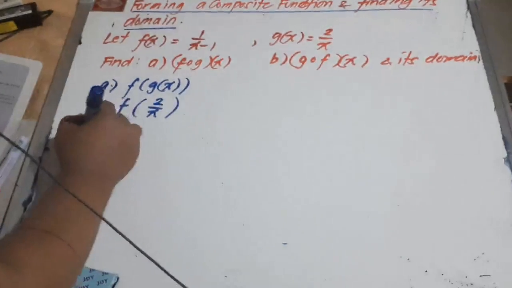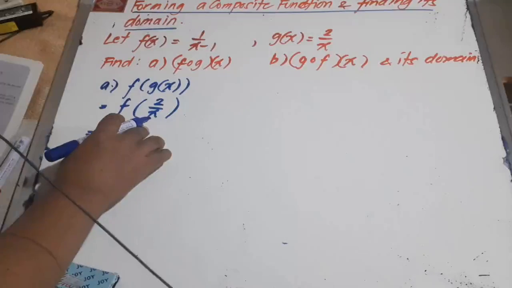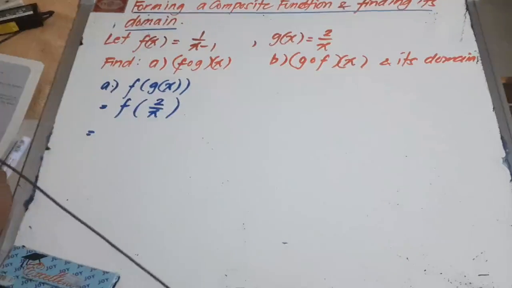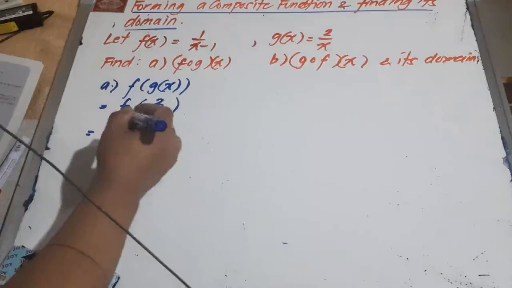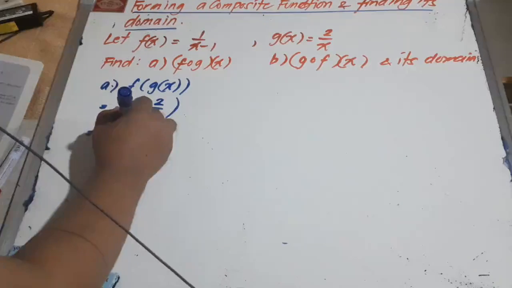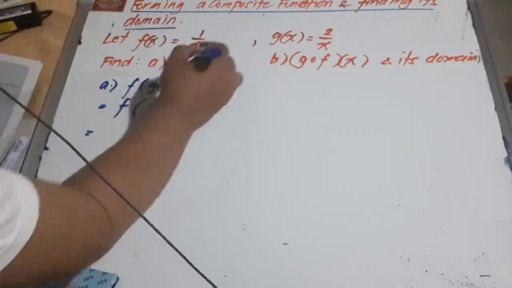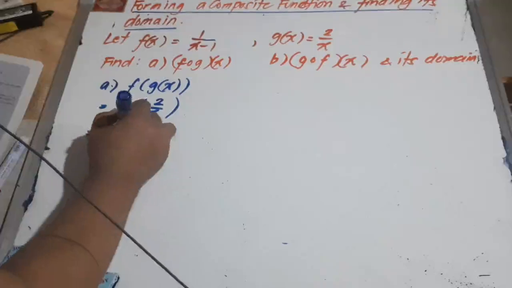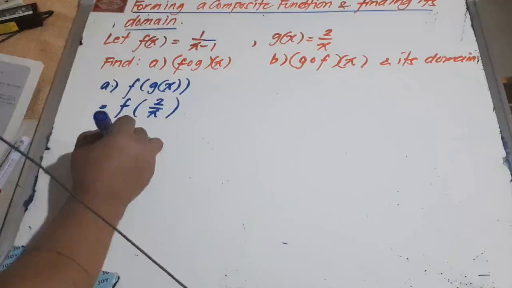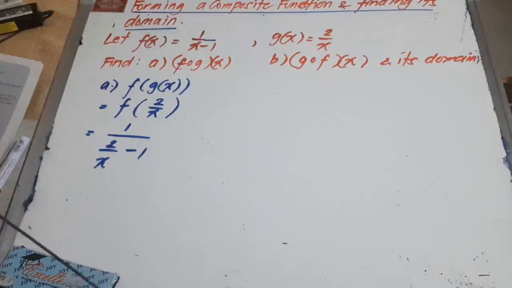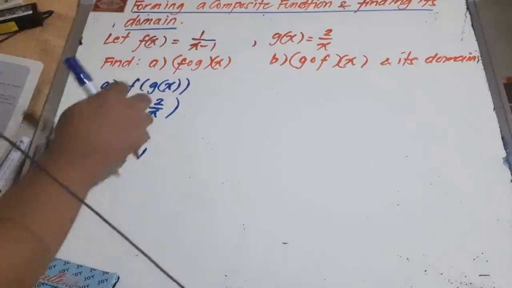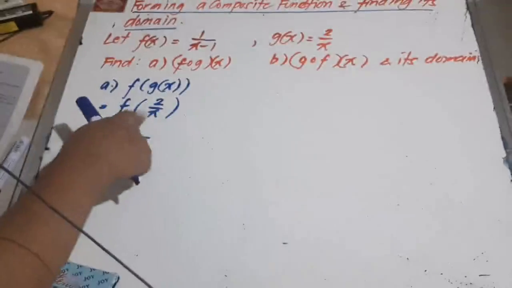And then we're going to substitute 2 over x to x in our f of x function. So we have 1 over 2 over x minus 1. Okay? So I replaced x of f of x by 2 over x.